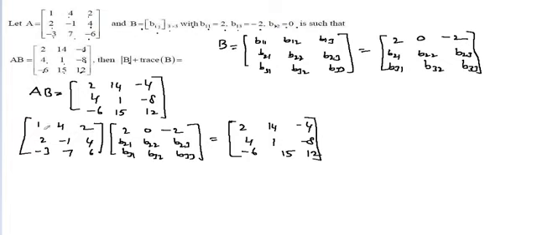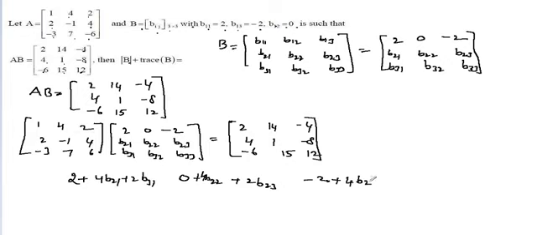Now we multiply these two matrices. That is 2 into 1 is 2, plus 4 B21 plus 2 B31, and the second one is 1 into 0, 0, plus 4 B22 plus 2 B32, and minus 2 plus 4 B23 plus 2 B33.